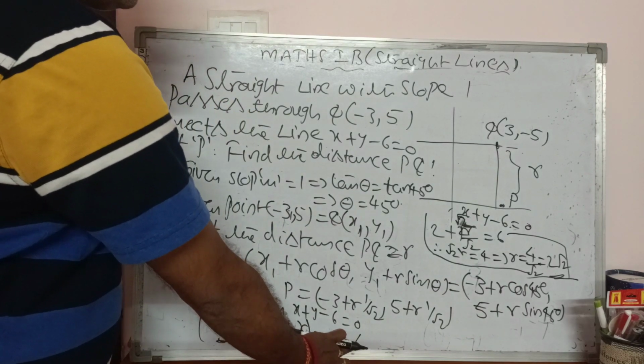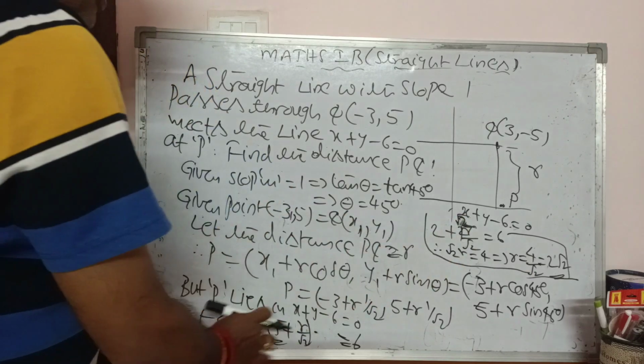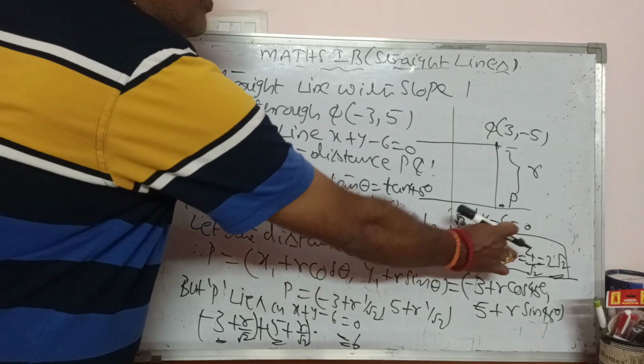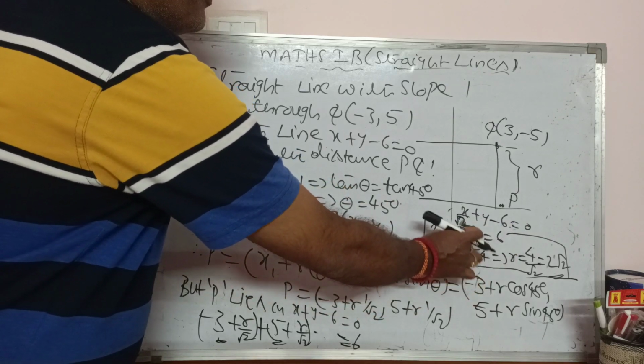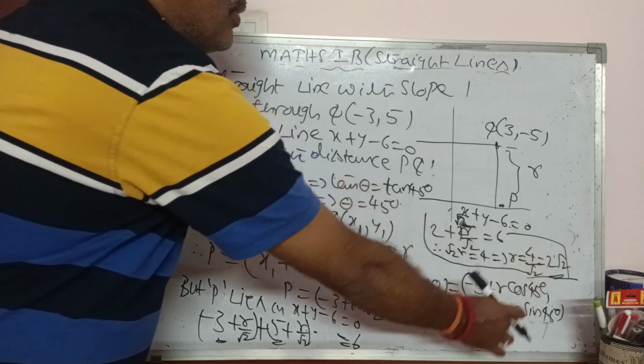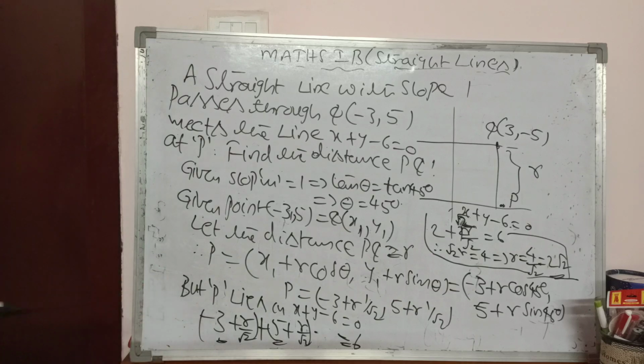This lies on the line, so 5 minus 3, 2, plus 2r by root 2 is equal to 6. Therefore root 2 r is equal to 6 minus 2, 4. r is equal to 4 by root 2, that is equal to 2 root 2. Therefore the distance PQ is 2 root 2 units.